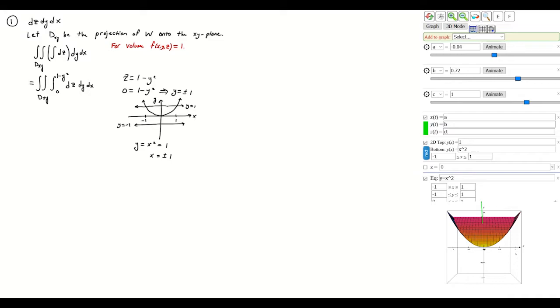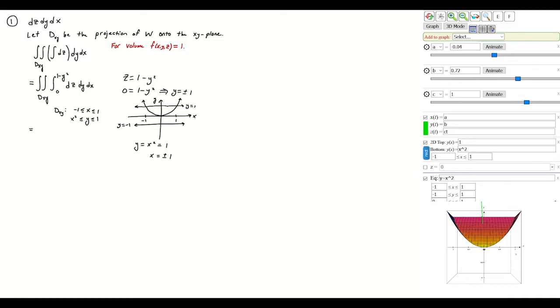So with that, we can say that this region here, d sub xy, x ranges from -1 to 1, y ranges from x squared to y equals 1.